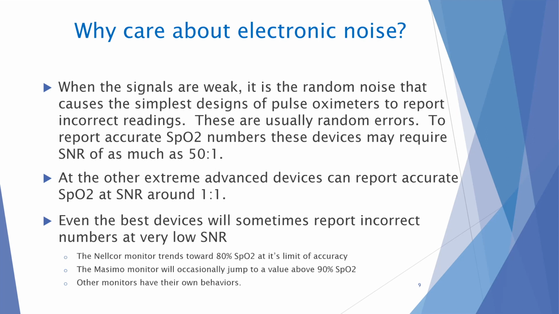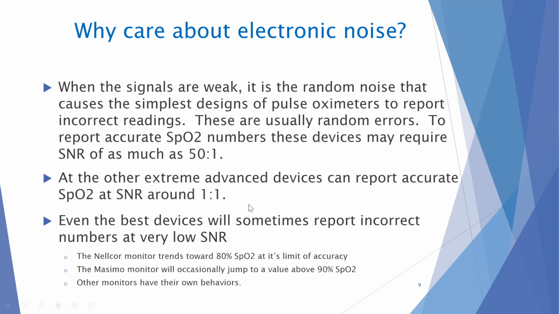But even the best devices will sometimes report incorrect numbers, even at very low SNRs. The algorithm, to put it in human terms, has to be self-aware enough to know that it's reached its limit. And sometimes they don't always know.